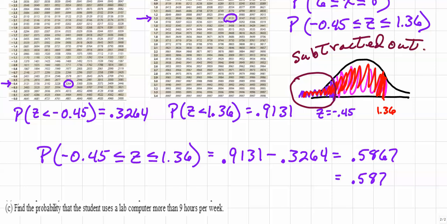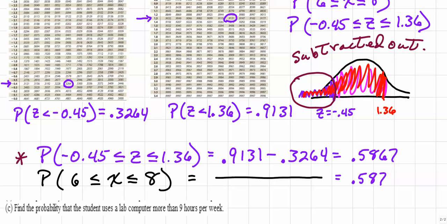And when we do that, we end up using this form right here. And remember, another way of writing this would be the probability of 6 is less than or equal to X is less than or equal to 8. And that would be equal to the value that we just created right there.